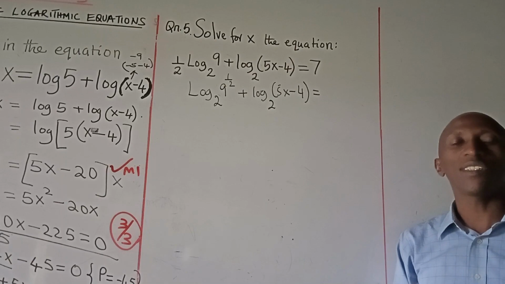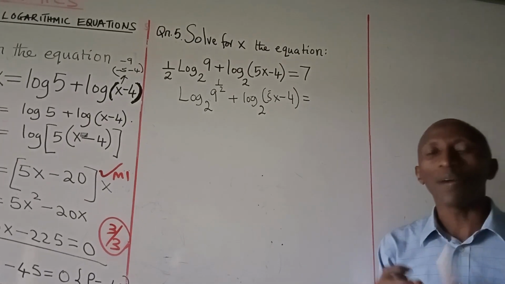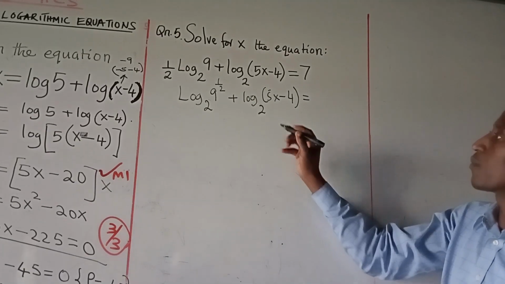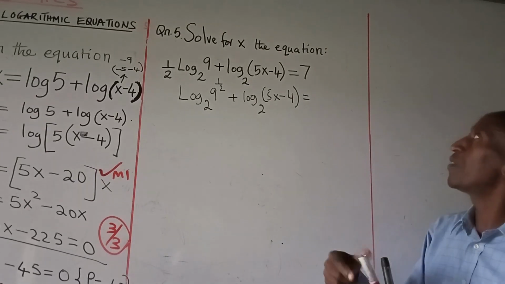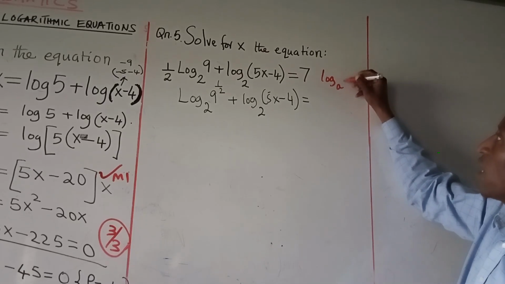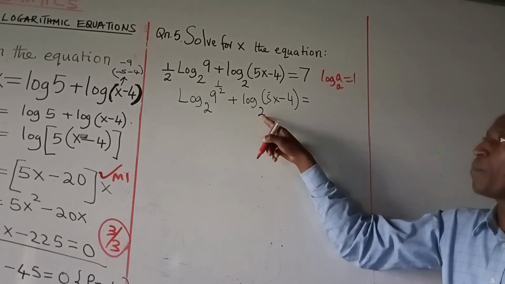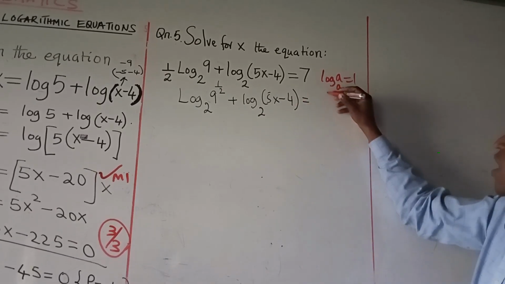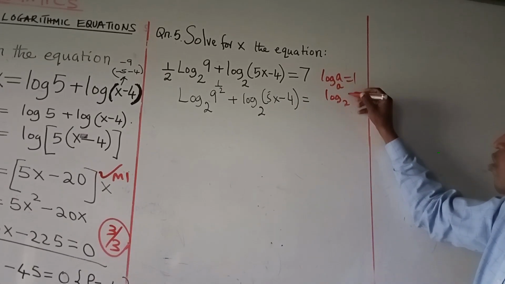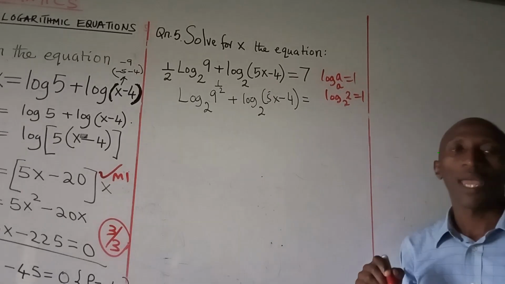We need to show it as a logarithm. So we are going to manipulate such that we have the rule that says logarithm to base a of a is equal to 1. Now, since our base is 2, then we shall have logarithm to base 2 of 2 is equal to 1.